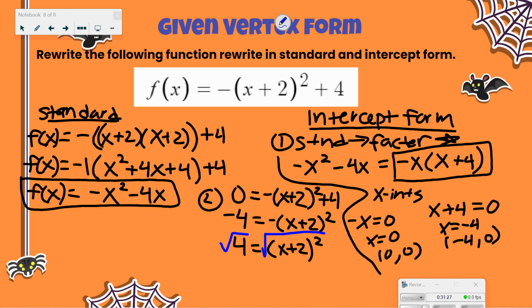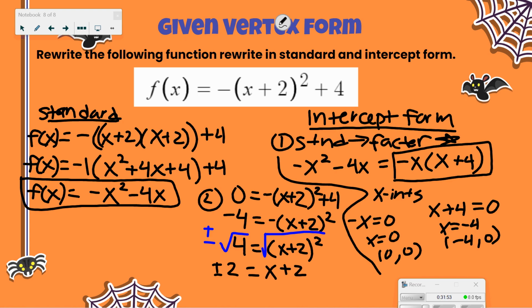So what value can I square and it gives me 4? Yes, 2 and negative 2. So anytime I physically write in a square root to solve, you're going to include that plus or minus to help you with your solutions. So this is going to become plus or minus 2 equals x plus 2.